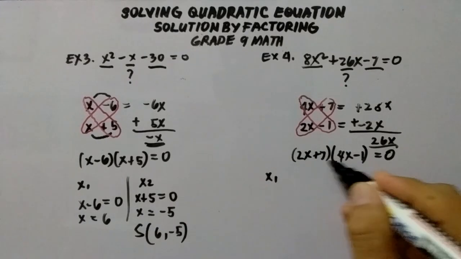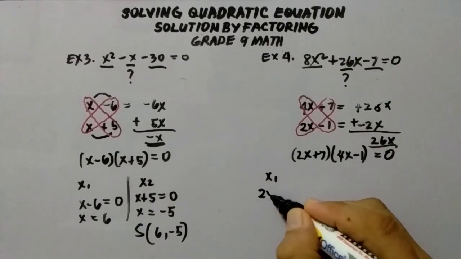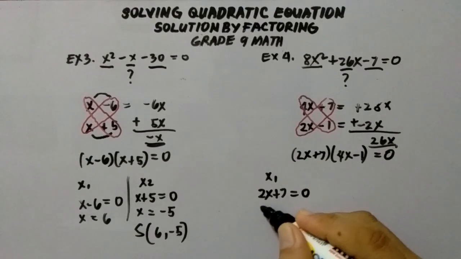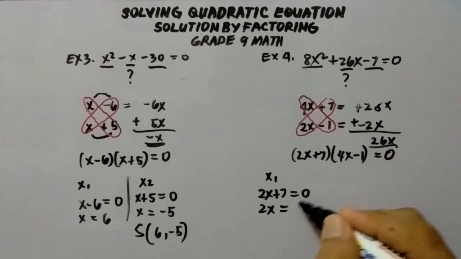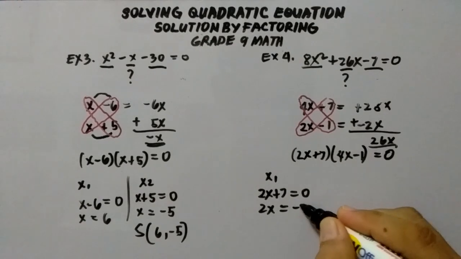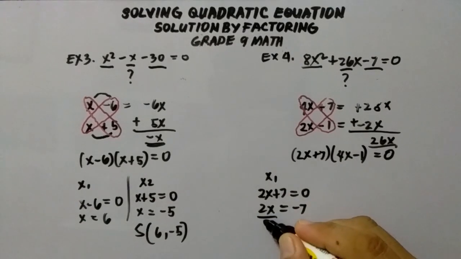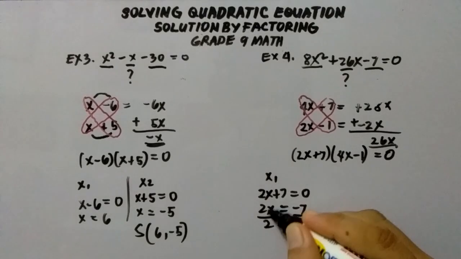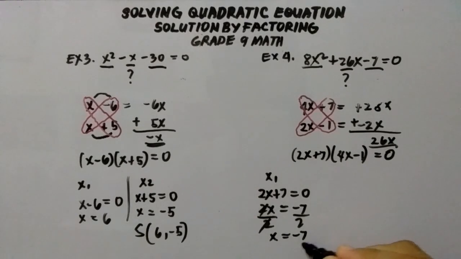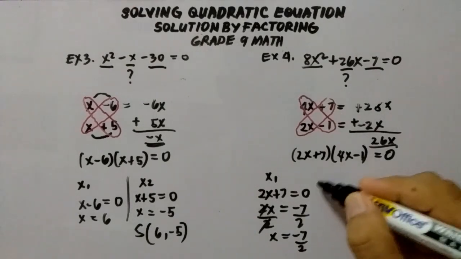Okay, so we have 2x plus 7, no, is equals to 0. Then 2x is equals to, then transpose positive 7, no, become negative 7. Then divide both sides by 2. Cancelled, cancelled. So x of 1 is equals to negative 7 over 2.